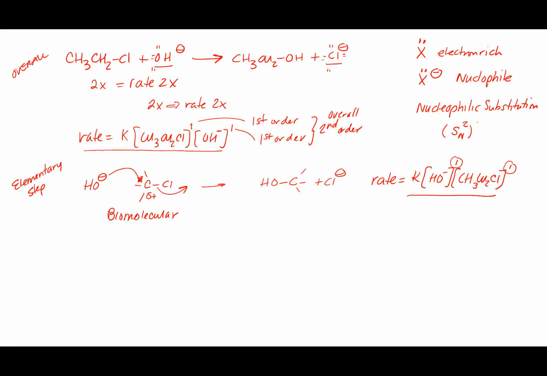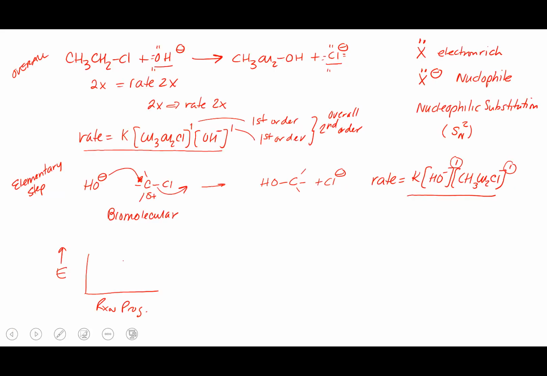So, what kind of energy diagram would this have? If this is the one step in the mechanism, if I drew out its energy versus the reaction progress, I know I'm always going to have the reactants and the products.